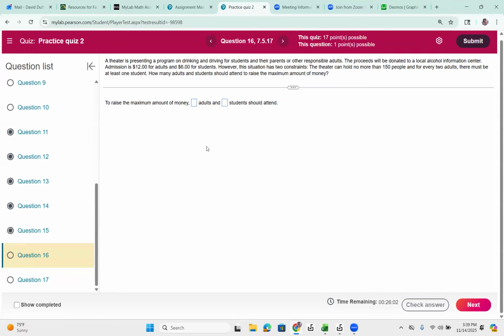That means our objective function is going to be Z equals something, and we're looking for money raised. We're trying to maximize money raised. The admission is $12 for adults and $6 for students. So we're going to declare that X represents adults and Y represents students. This is what I have written down so far.